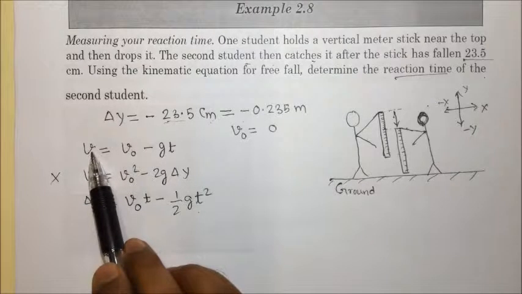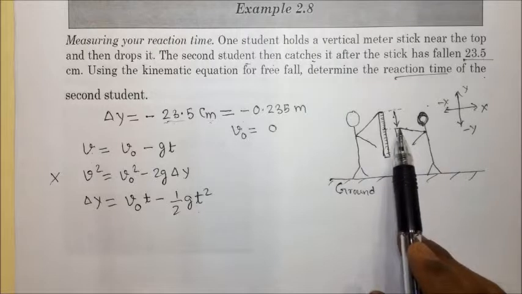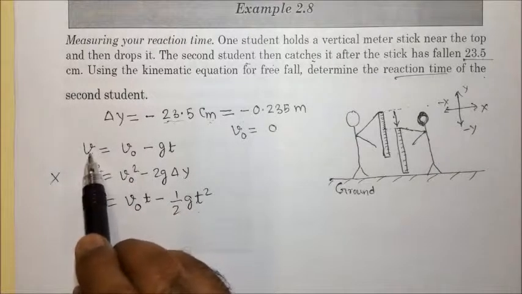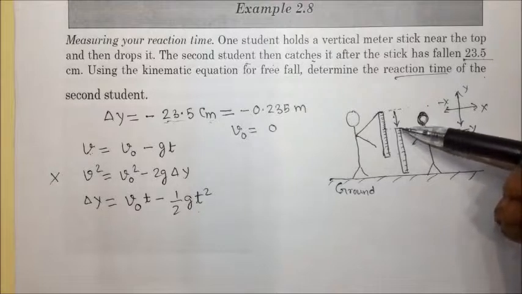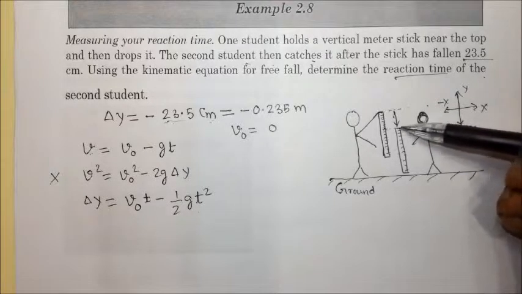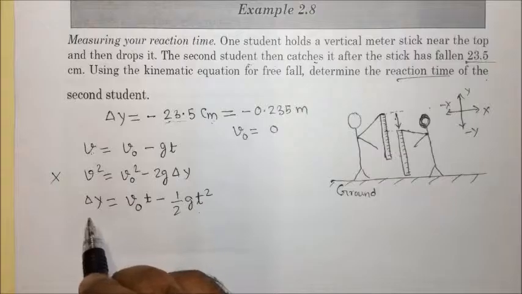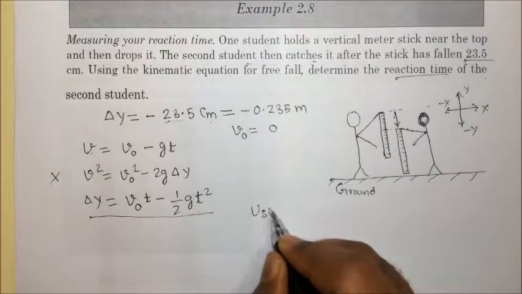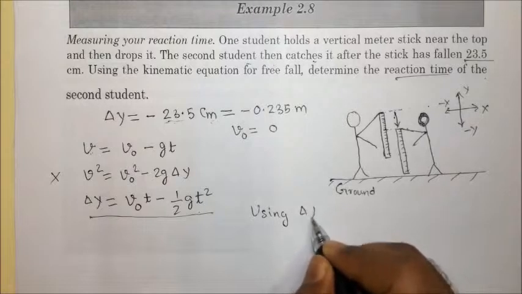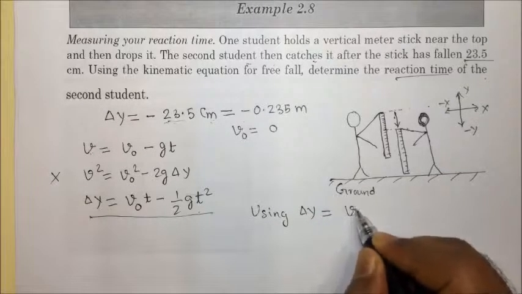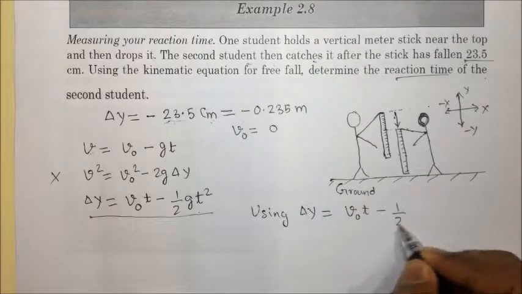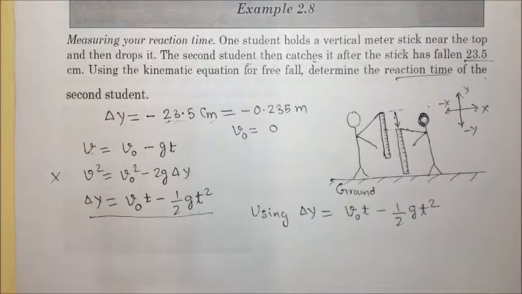Do we have V final? No, we don't. So we cannot use this one because we don't have V final when the second student is catching the meter stick. So the only option left is this one. So using delta Y is equal to V initial T minus 1/2 GT square.